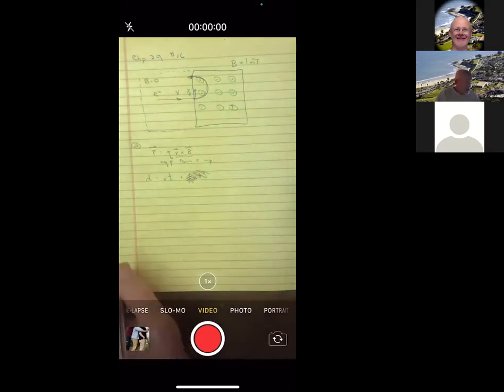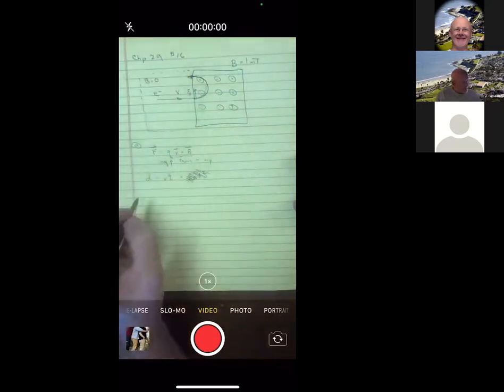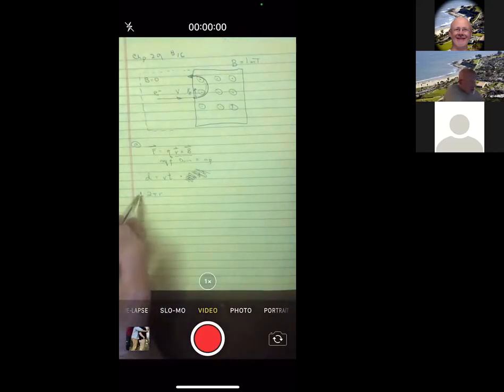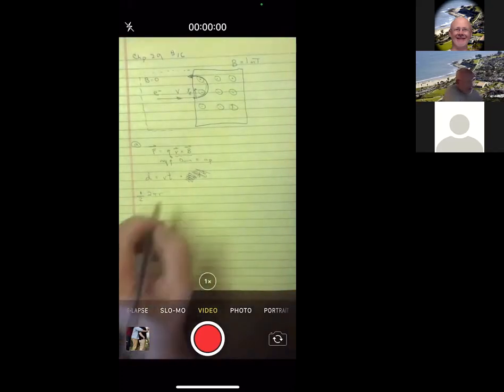Okay. So how far does it travel? Well, it travels a half a circle. A full circle is 2 pi r, so 1/2 of a full circle is the distance it travels.